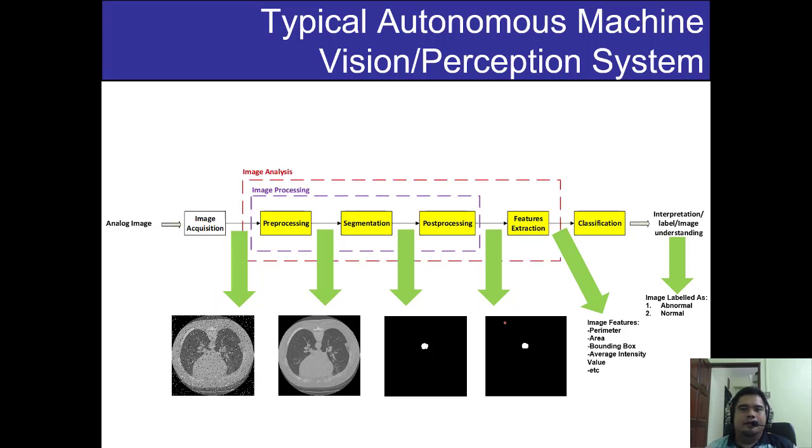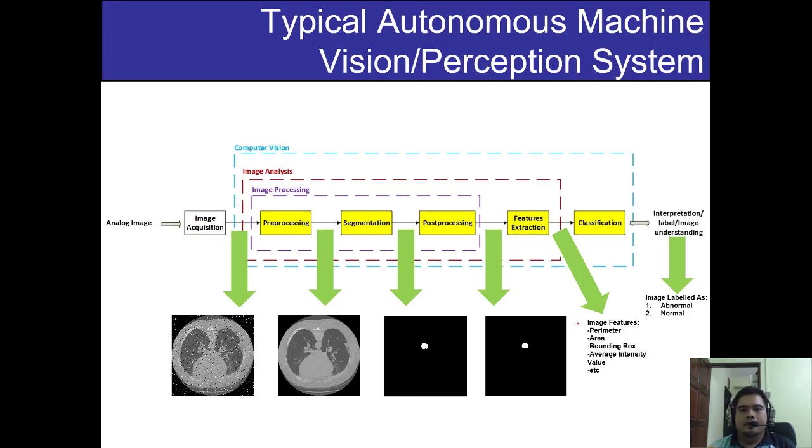Image analysis is this one, because the input is an image but the output there is attributes, or the features. That is image analysis. So how about computer vision? Actually the whole system itself is computer vision, because the input is an image and the output here is the interpretation of the image, or the label of the image.